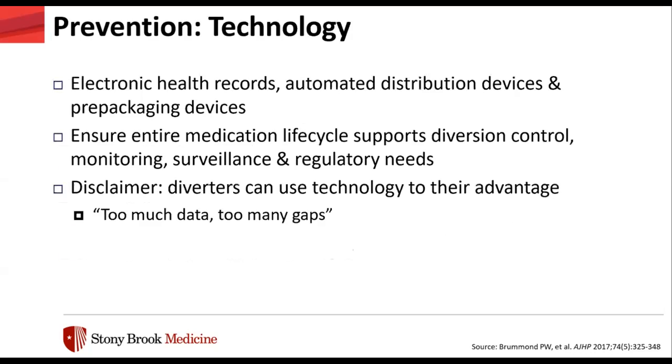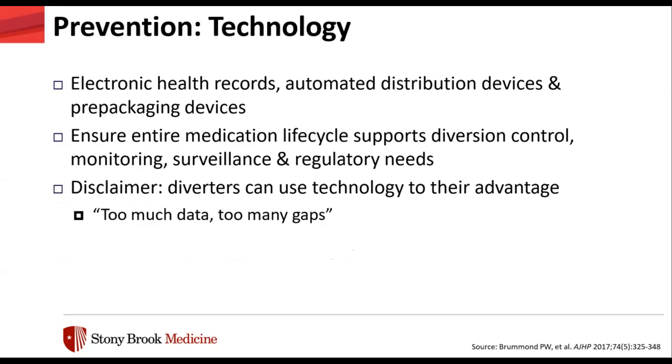In terms of technology, it's important that we utilize the electronic health record, automated distribution devices, and pre-packaging devices, and be cognizant of what is going on with them. We have to ensure the entire life cycle supports diversion control, all the way from procurement to waste. And just a disclaimer, something that I wanted to pinpoint is that diverters can use technology to their advantage.